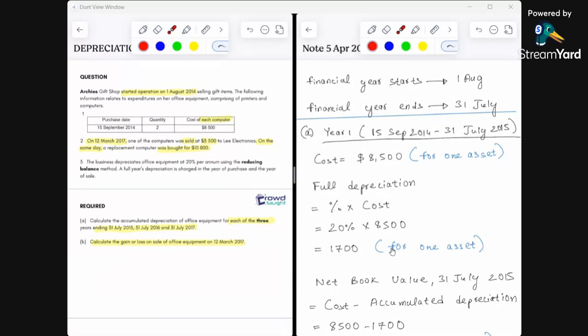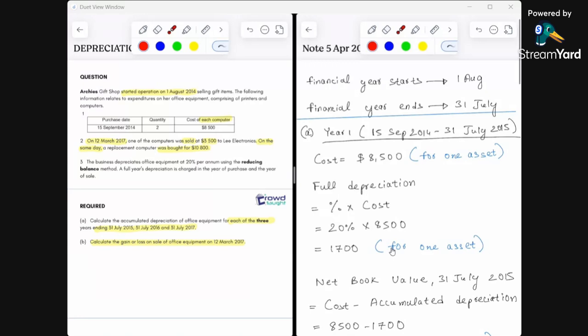Okay, now we understand that on the 15th of September 2014, based on the first line of information, which is the table you can see, we purchased two computers, and each of those computers had a cost of $8,500. Also, based on the third line of information, we understand that we apply a full depreciation in the year of purchase.